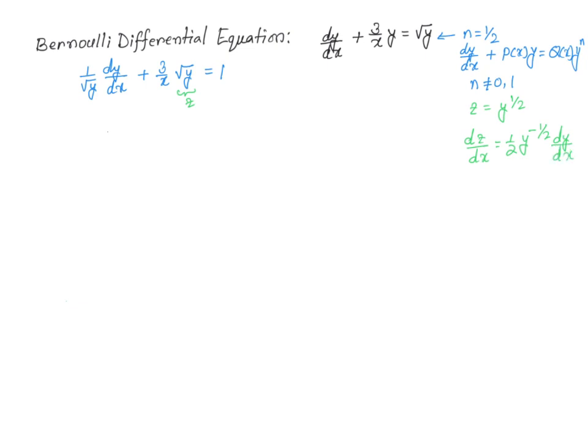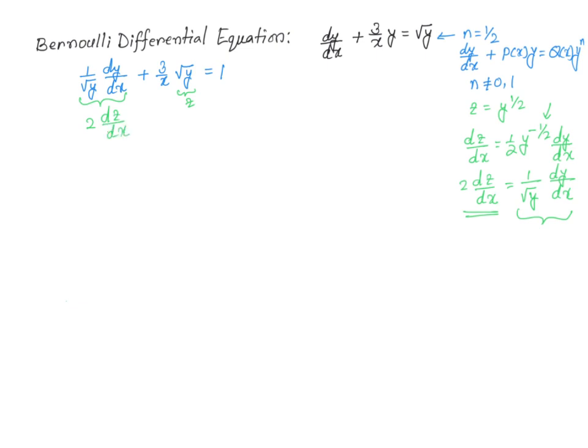So let's simplify it a little further. If I do that, I get 2 times dz over dx is equal to 1 over square root of y, which is just y to the power negative 1/2, times dy over dx. Now notice that this is nothing but this, which must be equal to 2 dz over dx.